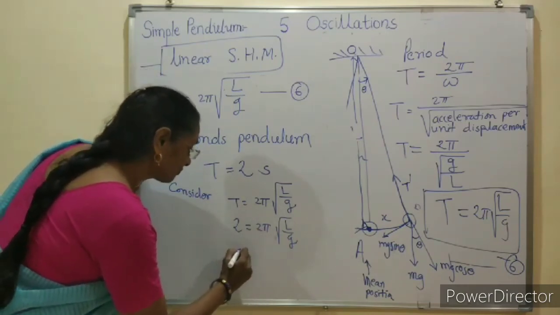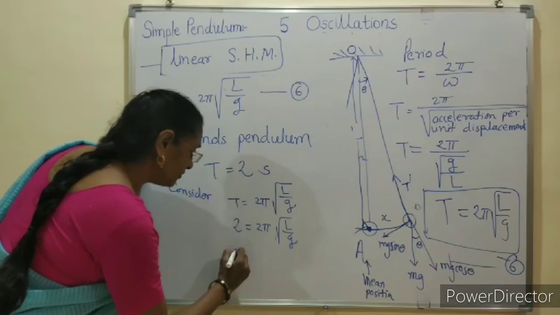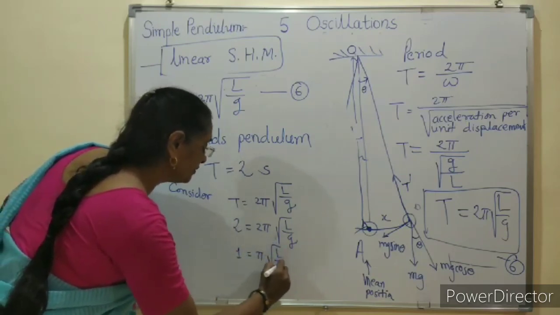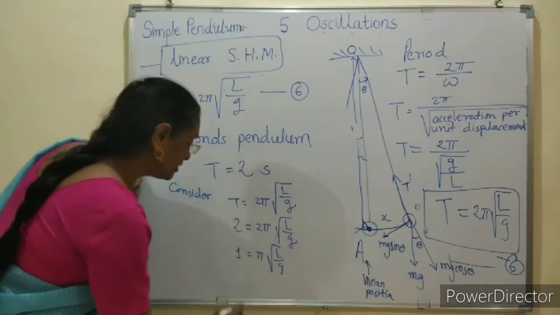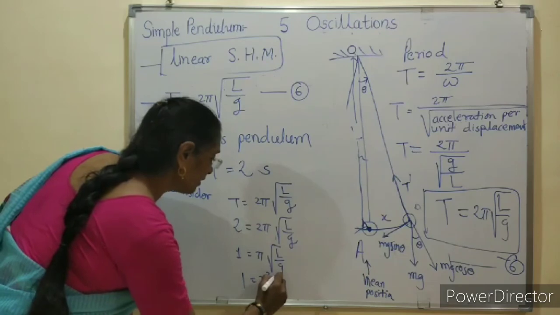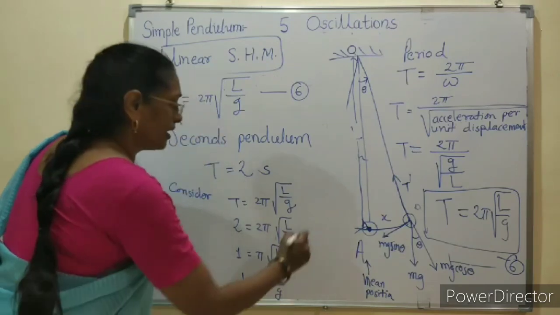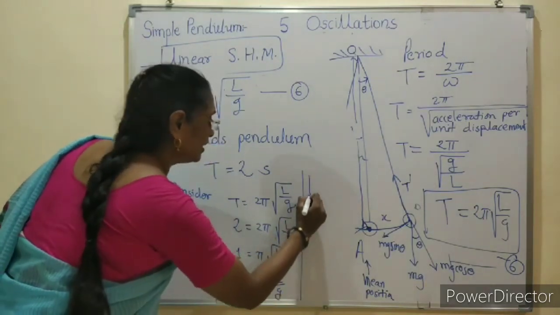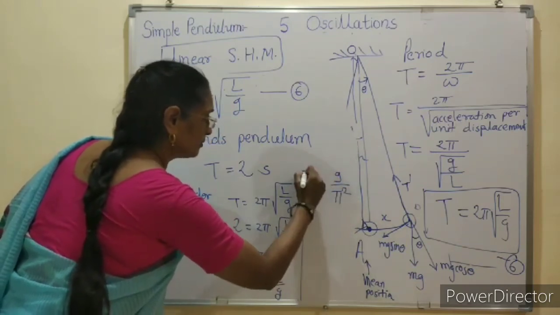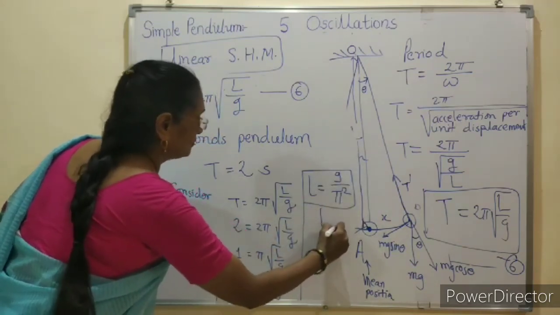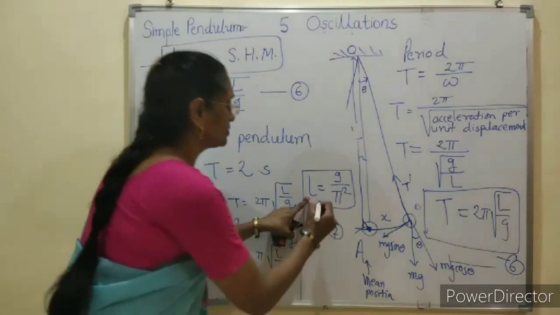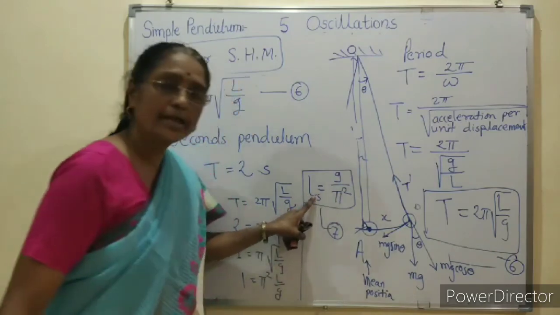Here we can write 1 is equal to pi into under root L upon G. Squaring on both sides we get 1 is equal to pi square L upon G, and finally we get L is equal to G upon pi square. So this is equation number 7. L, length of seconds pendulum, suppose we denote it by Ls.